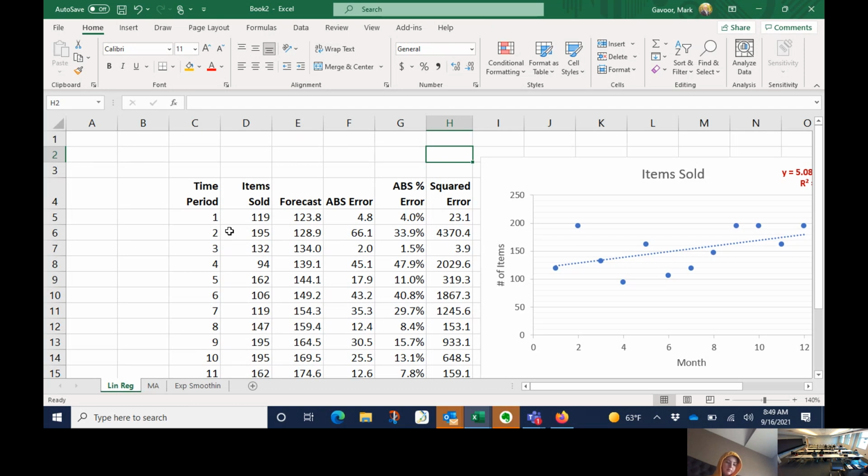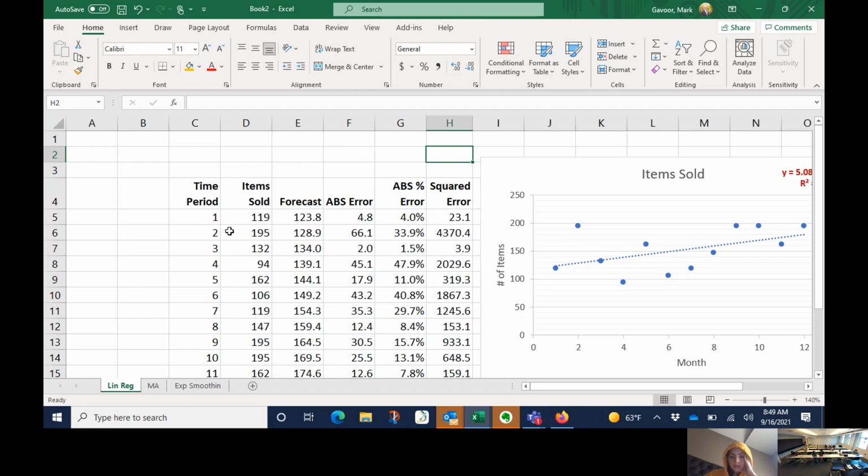All right, say that again. Only in the absolute percent error. For the other ones, for the mean absolute deviation, I just want to find out how far off the forecasts are and take the average of that. Mean absolute deviation is just how many units am I off on average?